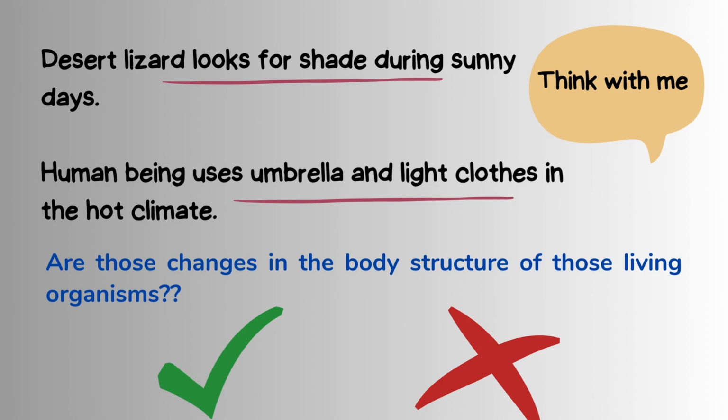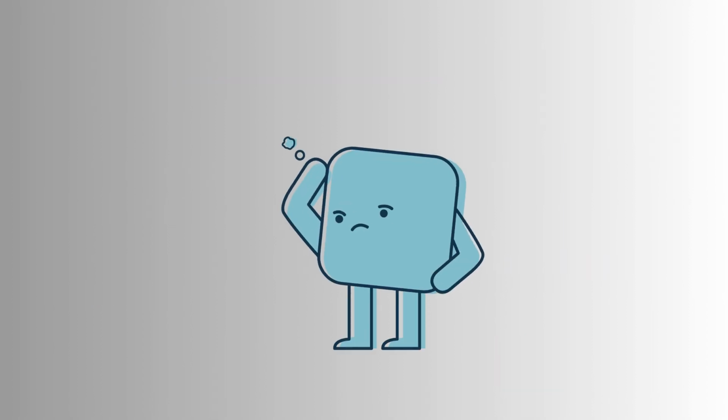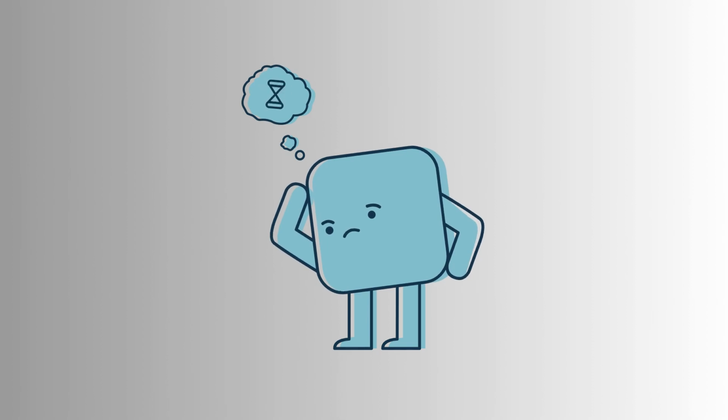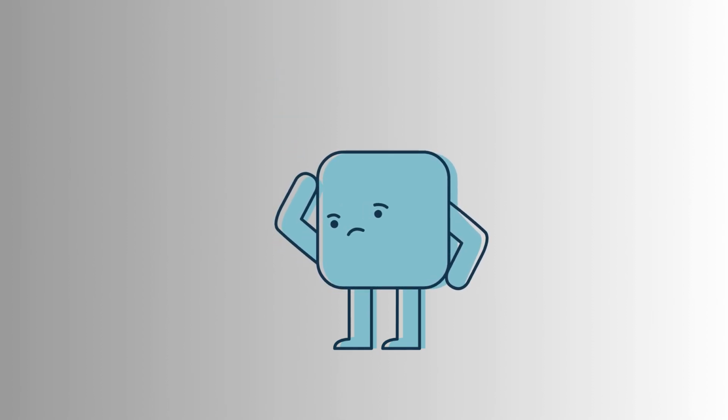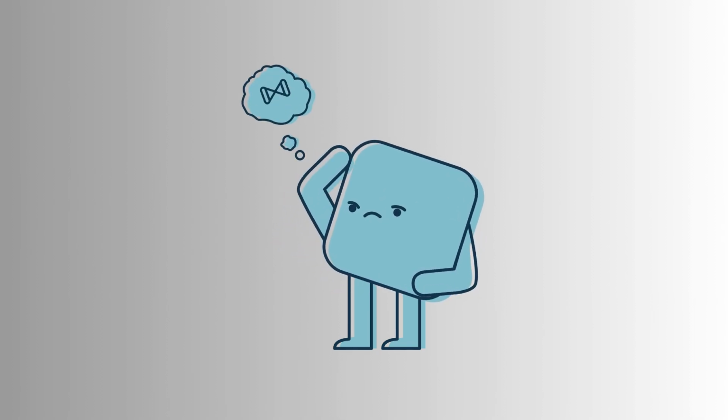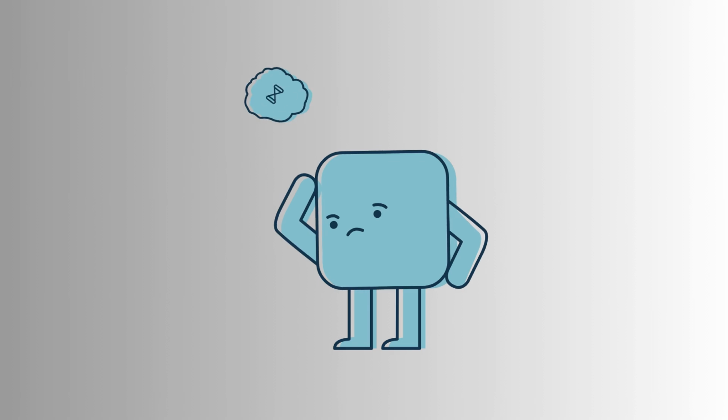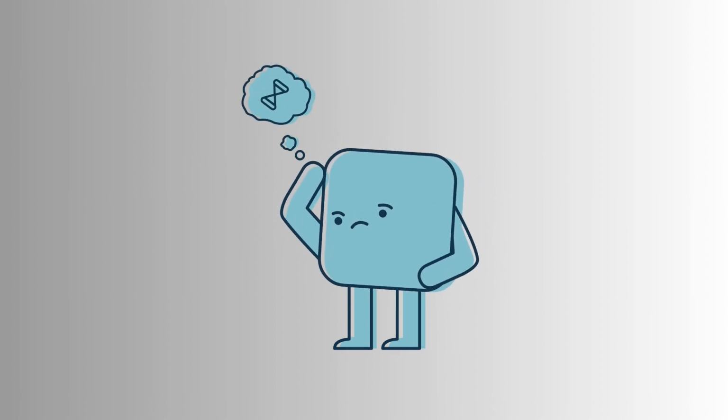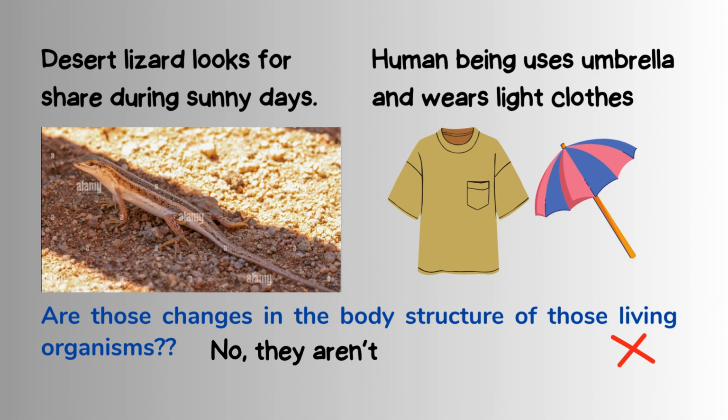Think, does looking for shade or wearing light clothes or using an umbrella count as a change in the body structure? Yes or no? Of course, both of these things aren't a change in the body structure. Why?